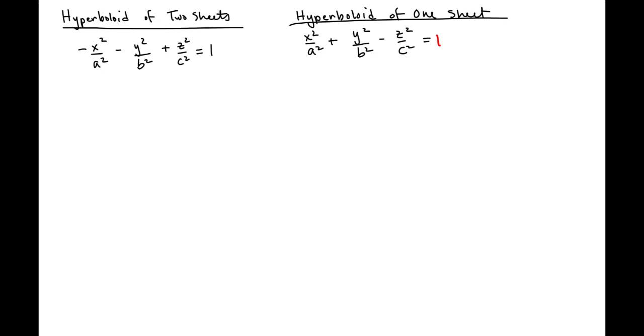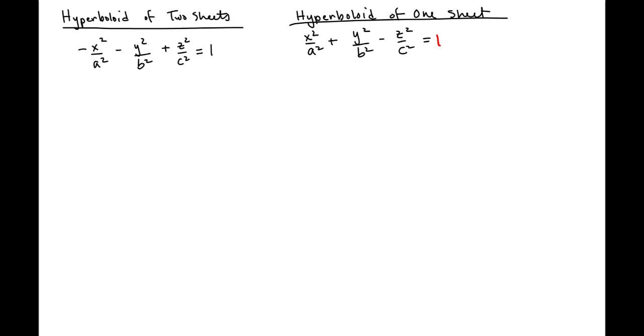Notice that these two equations look similar, but they differ by a minus sign essentially. We have minuses in front of both the x and y terms in the hyperboloid of two sheets, and only a minus sign in front of the z term in the hyperboloid of one sheet.